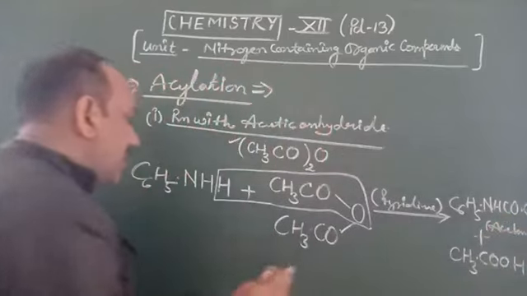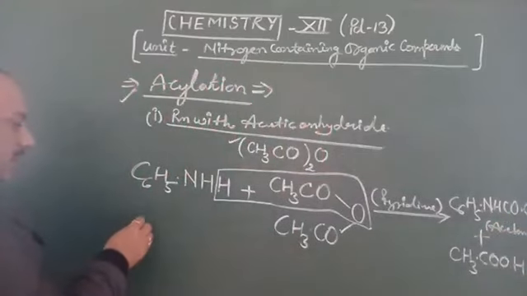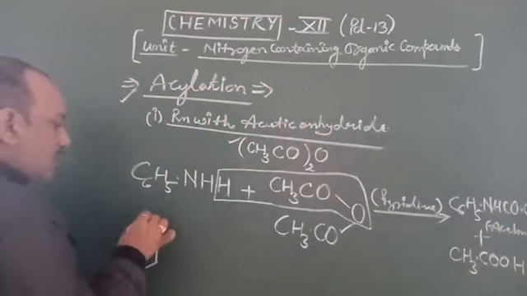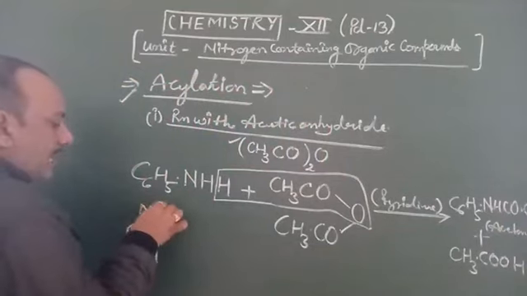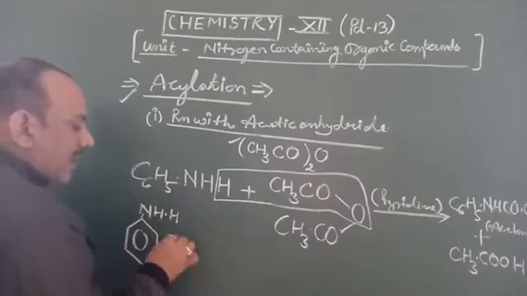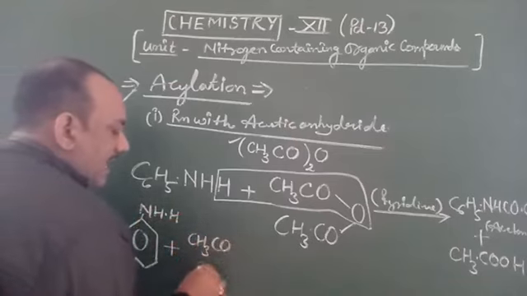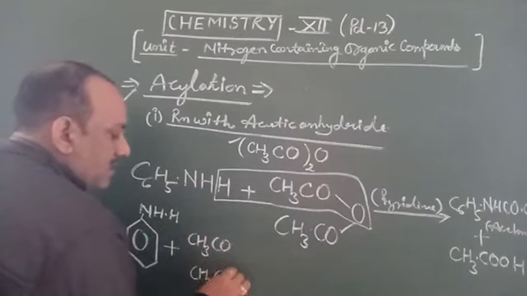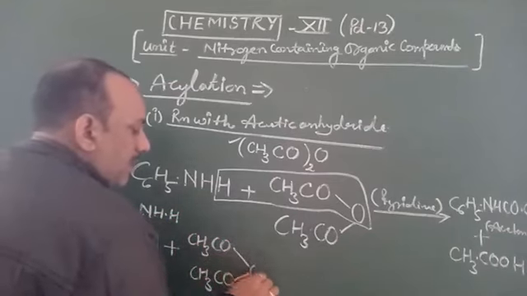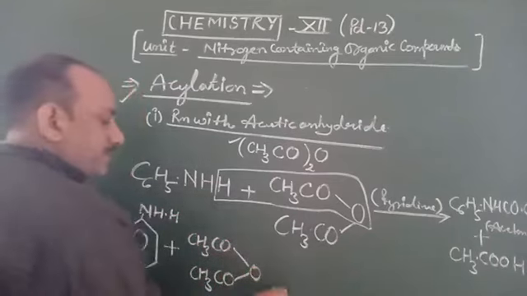Now we give its structural reaction. C6H5NH2 is aniline, which reacts with acetic anhydride, CH3CO single bond O single bond CH3CO.